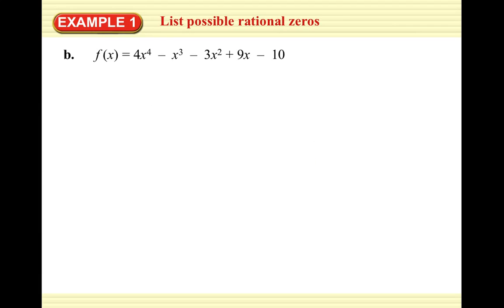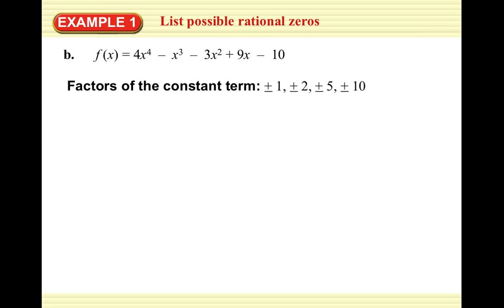Example 2, f of x is equal to 4x to the 4th minus x cubed minus 3x squared plus 9x minus 10. All right, the factors of the constant term would be positive and negative 1, 2, 5, and 10. And the factors of the leading coefficient are 1, 2, and 4.